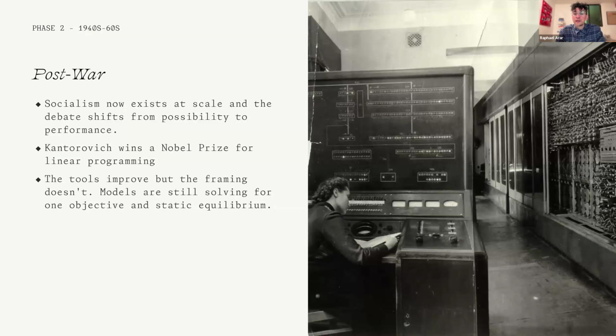But this phase two debate is stuck on the same issue phase one was. It's still fixated on a static equilibrium. It's still treating the economy as this giant optimization problem with one objective function. So the Soviet planners were really solving the wrong problem, but incredibly competently. They're looking at the economy as a static system, as if everything can be known ahead of time, everything can be calculated.